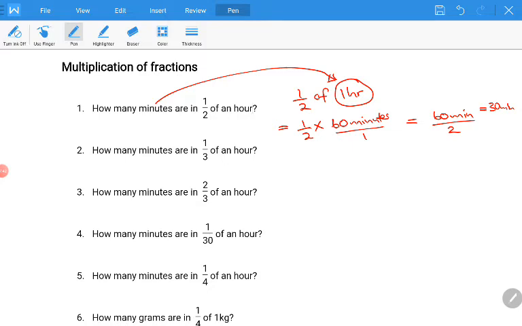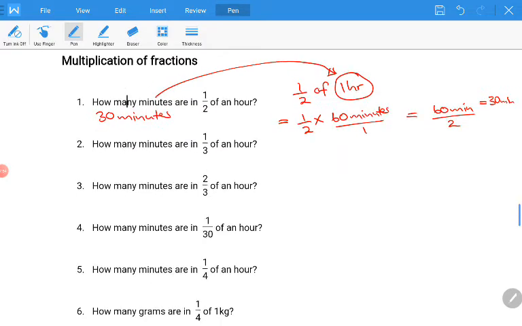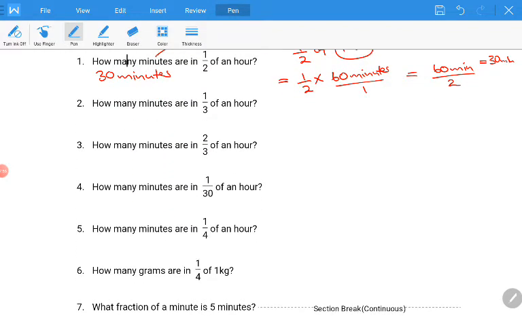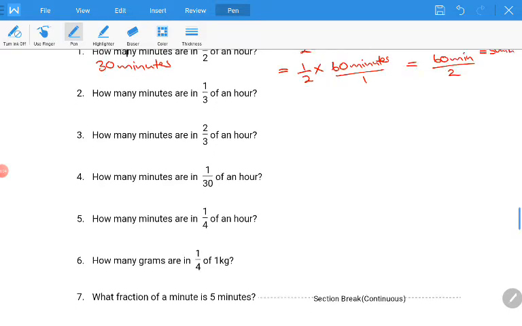So in half of an hour, there are 30 minutes. So question 1, the working is similar to question 2 and 3, as well as question 4.